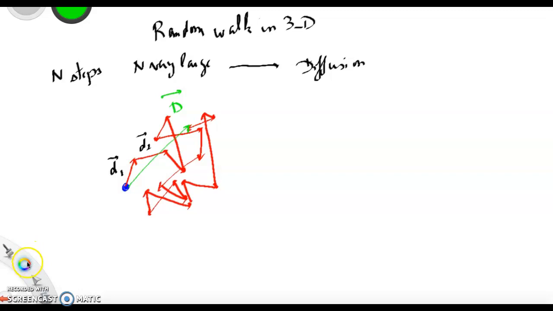What we can write is simply that capital D is the sum over all steps of the di's. But I'm just interested in the magnitude of D, so I'm going to square it. Why am I doing that?